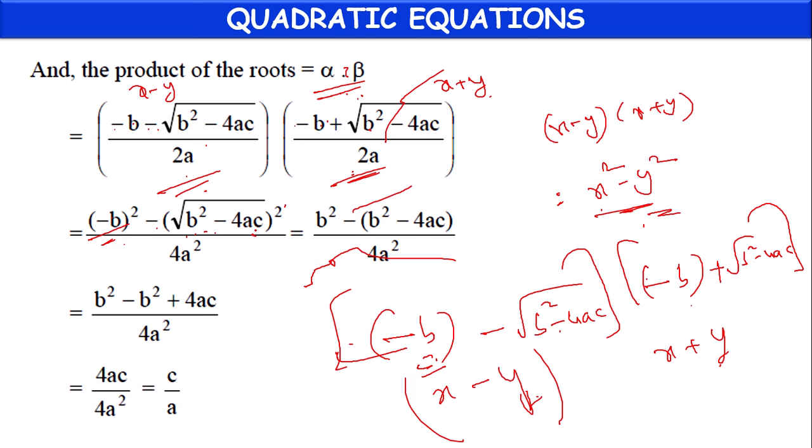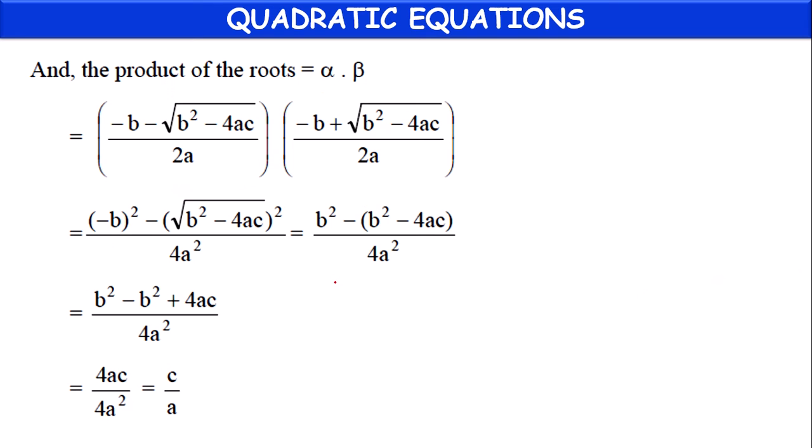We can write the numerator like that, and the denominator part is 2a into 2a. As we are multiplying here, we have to multiply the denominators. 2 into 2 is 4, a into a is a square. 4a square will be the denominator.